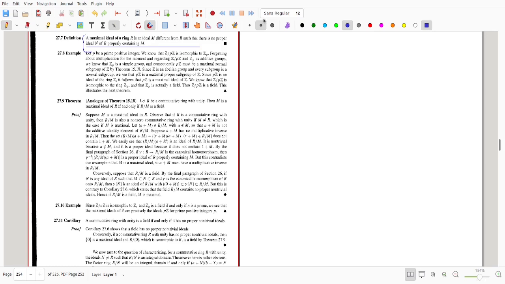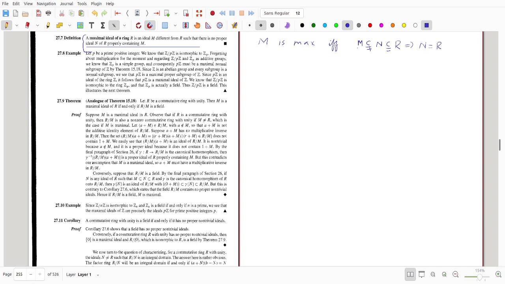That means m is maximal if and only if, for any ideal n which properly contains m, this should imply n equals r. This is the only possibility.